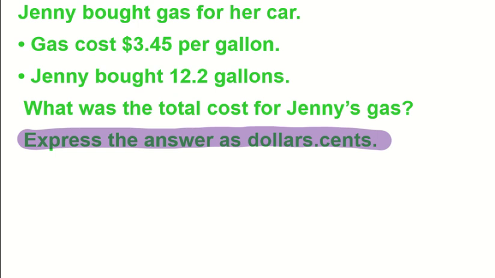That part I highlighted, your answer is dollars and cents, right? It's money. What they do when they tell you that, that's telling you you're not going to have more than 2 decimals on your answer. All right, so you got to make sure you put the decimal in the correct spot. You might have to cut off some digits. You might have to add a 0, depending on where it's at.